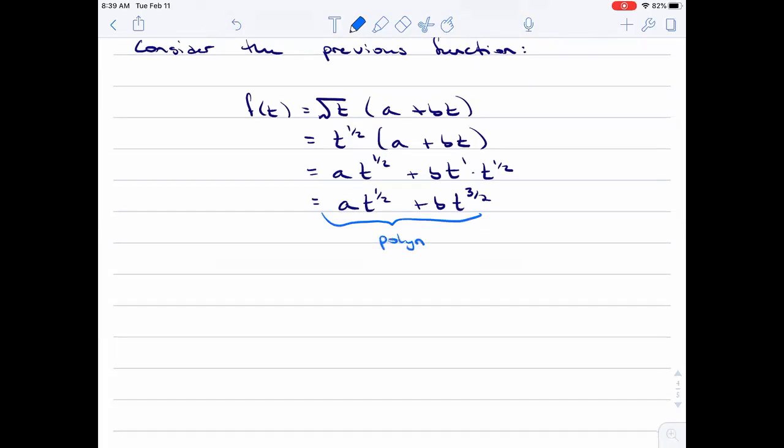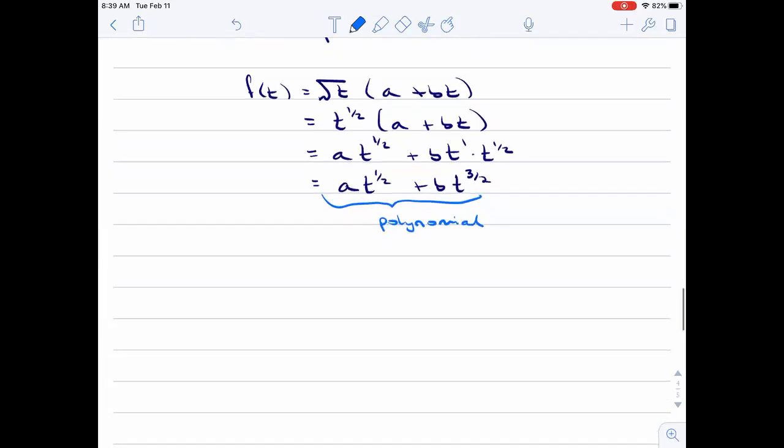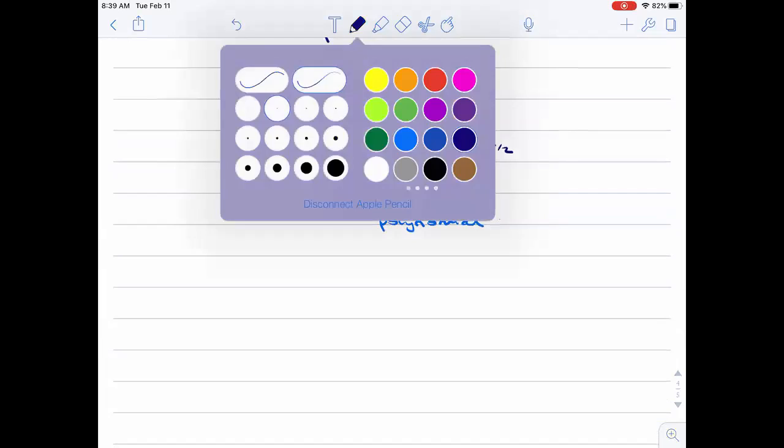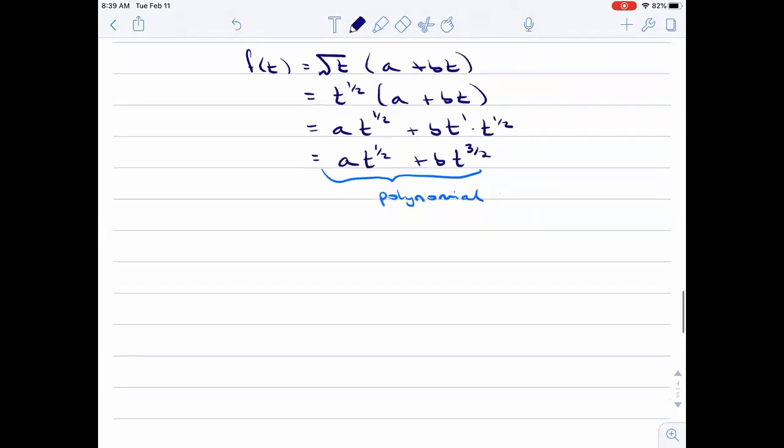Now, this is just a polynomial. Kind of a weird one, right? But it is. So after simplifying, we are able to avoid the product rule and only use the power rule.